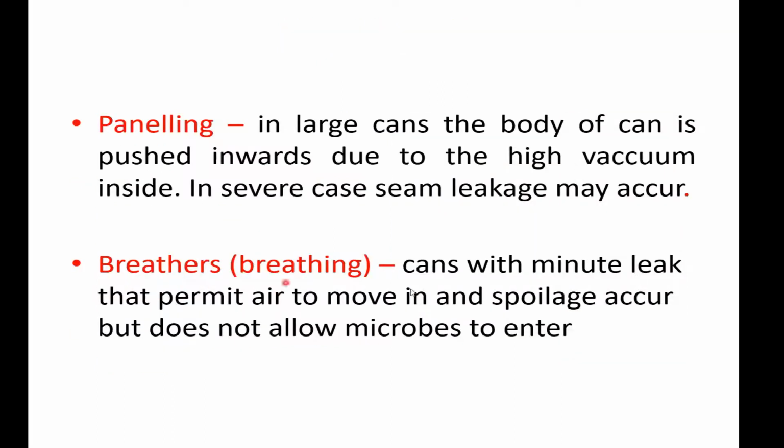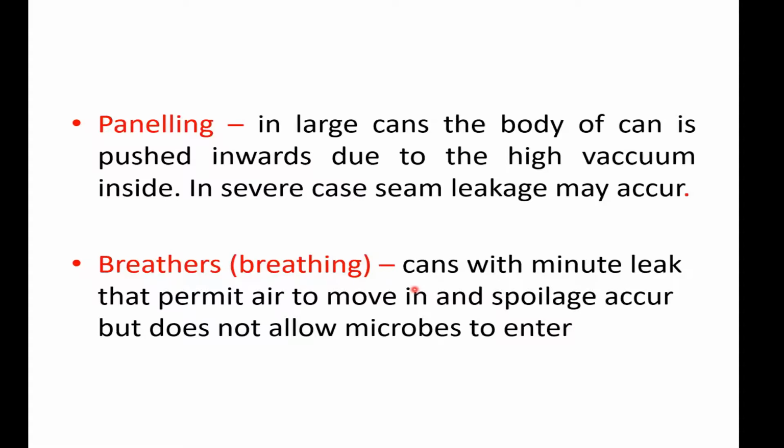Next is breathers. Breathers means a can with a minute leak. This is mainly seen in the seamings. There will be a minute leak that will permit air to move inside, and it can cause spoilage, rancidity and other spoilage, but it will not allow the microbes to enter. So it will be very minute holes in the seam region.